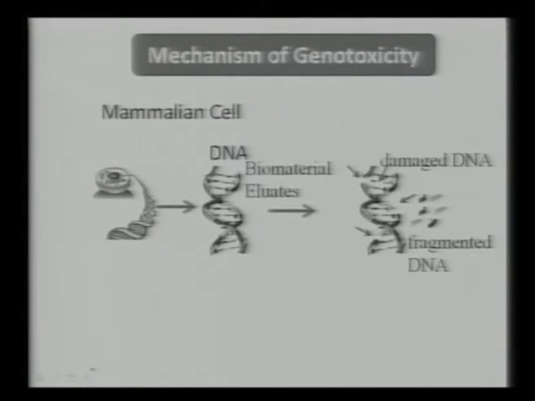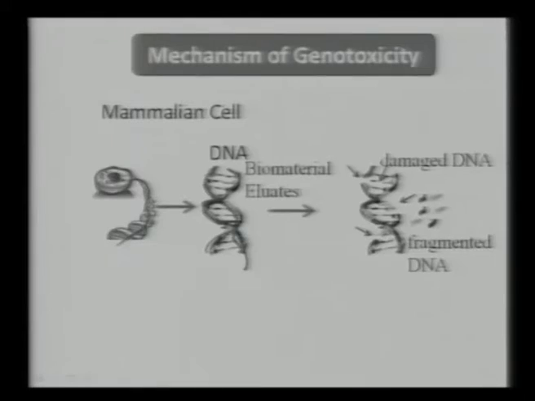Now this slide essentially tells you the concept of this genotoxicity effect. You have this half of the cells here, this is the nucleus, and the nucleus contains this DNA. Now DNA has a typical double helix pattern, and when it is exposed to biomaterial eluate, meaning wear debris particles in a solution like DMEM and phosphate buffer solution, so this entire solution is called eluates. Now when this DNA is directly exposed to biomaterial eluates, what will happen?